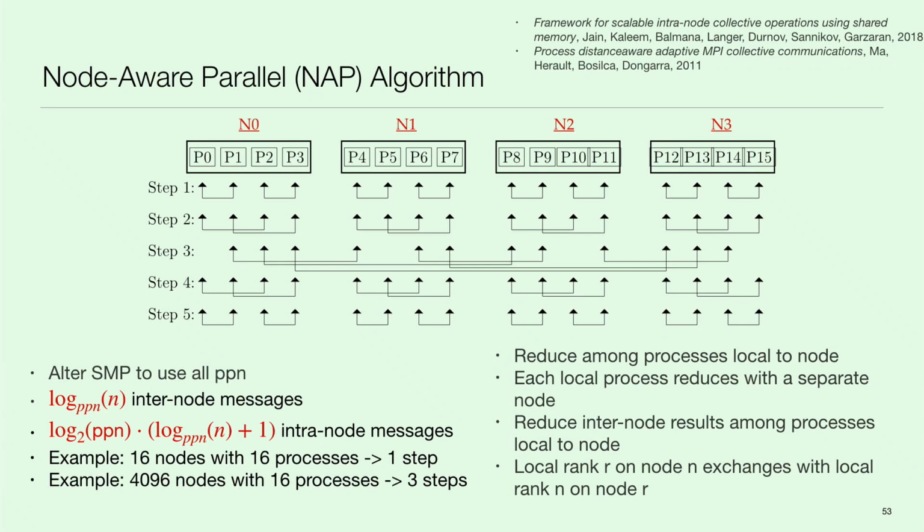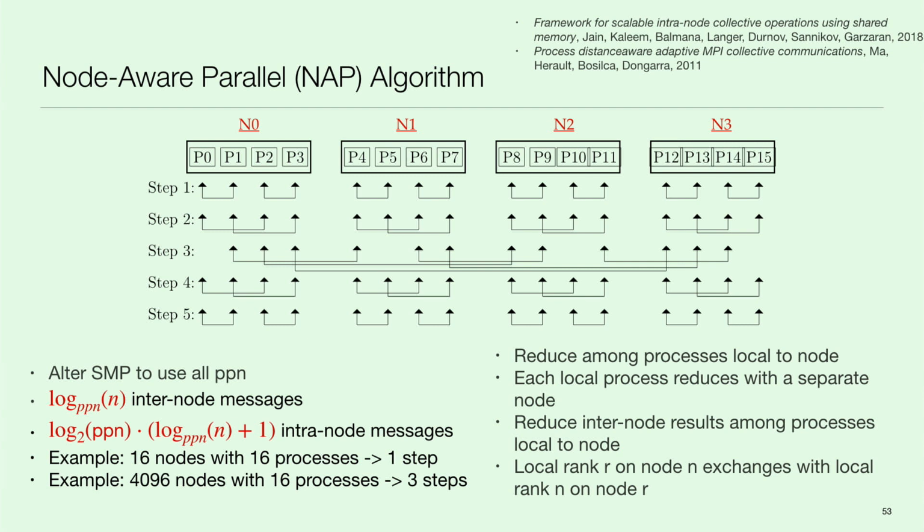You can see we do a reduction among all processors local to a node, and then each local process reduces with a particular separate node, and then we start doing the collection again. This is going to take a couple of steps. If we have 16 nodes with 16 processes, it takes one step to do this.